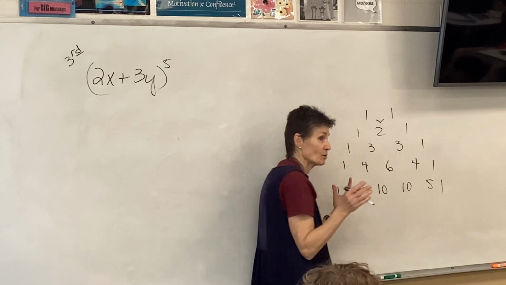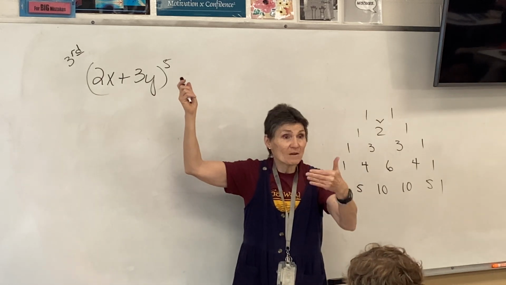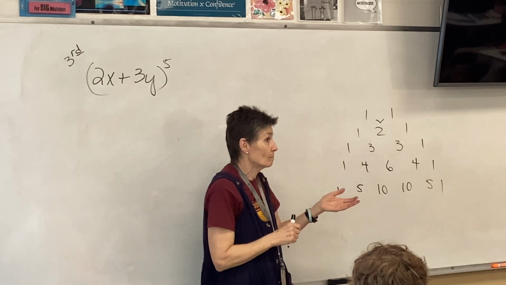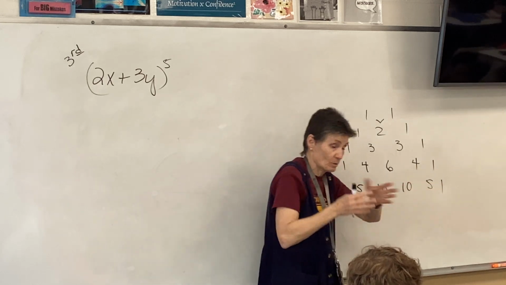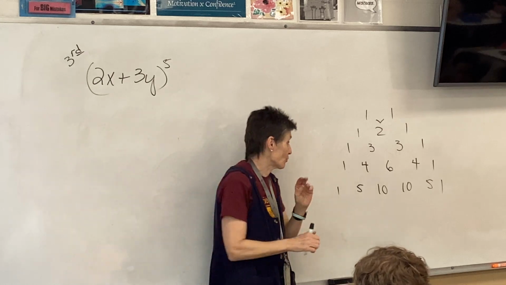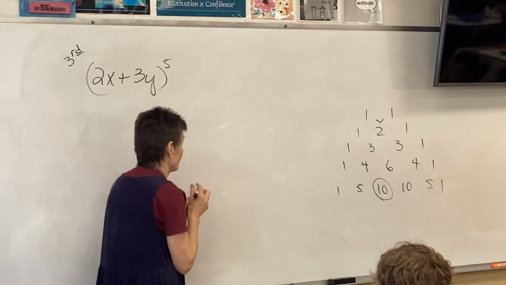And that's as far as I'm going to go, because my problem is to the 5th power, which means I want the 5th row. So if I were doing the whole thing, I would write down all those numbers. I don't want the whole thing. I only want the third one. So I want that number right there, just the third one.